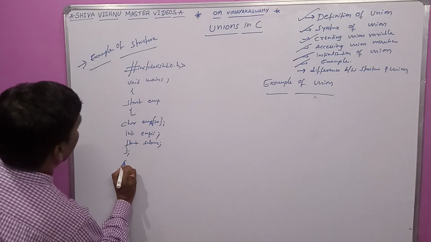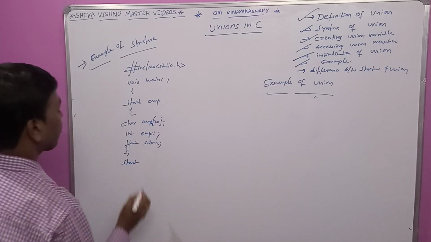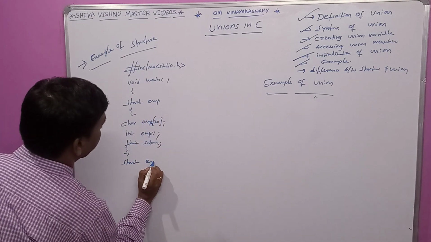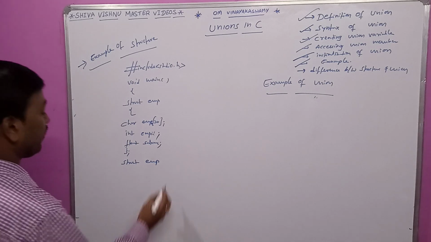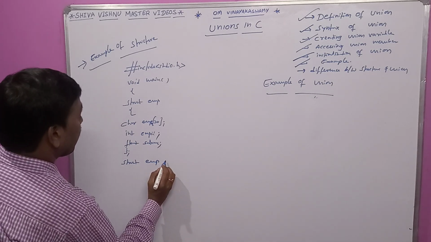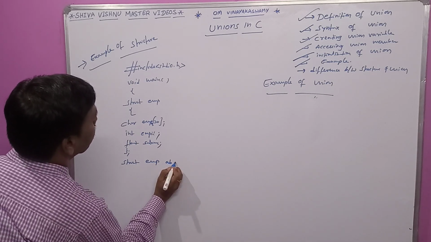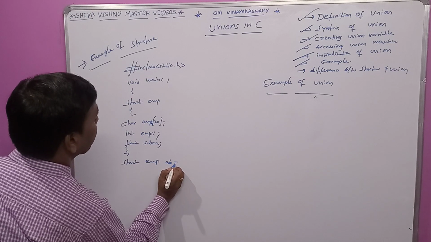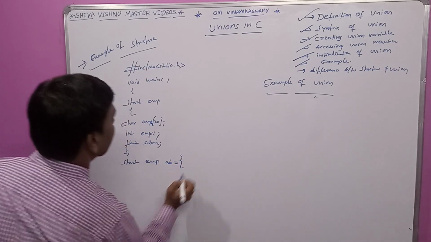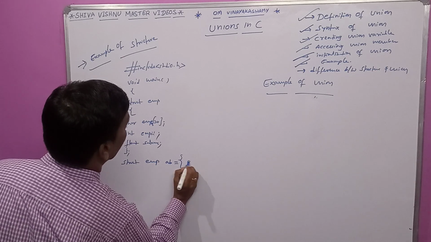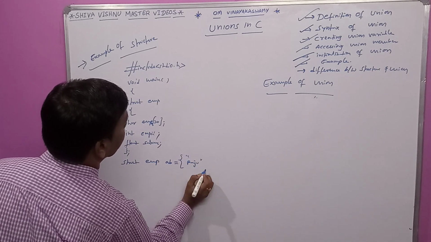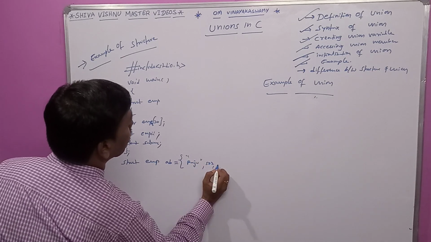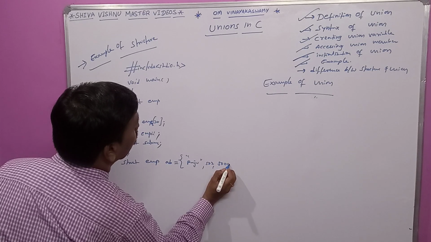Now you can see the structure name emp, and AB is a variable. Here you can see the initialization: Raju, ID number 502, salary 50,000.